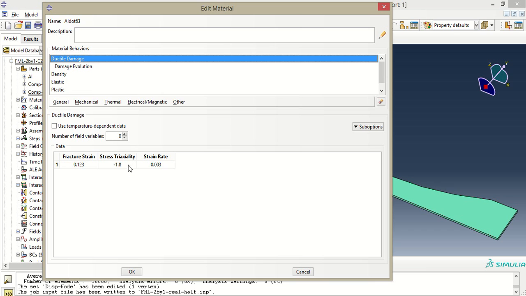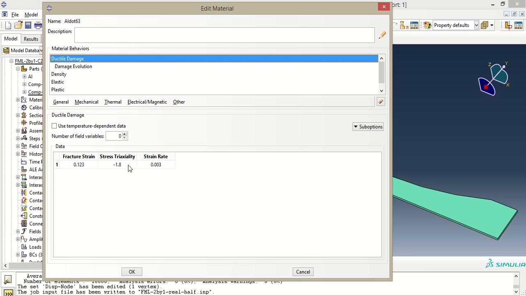It gives you the three-dimensional state of stress at the point of necking. So at the point of necking, before the failure strain, it gives you an idea of where the failure used to take place and where the stress gradients are maximum in three dimensions. That is what the stress triaxiality exactly represents, and it is the ratio of the negative of pressure stress divided by the von Mises stress.